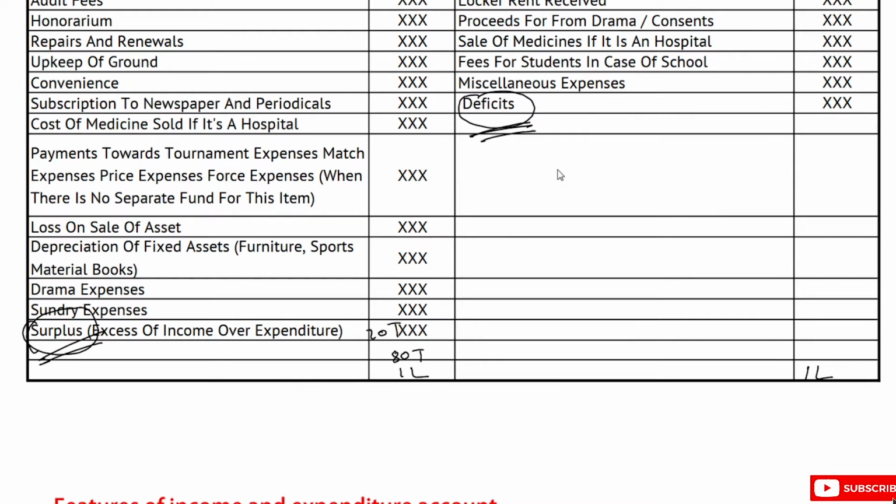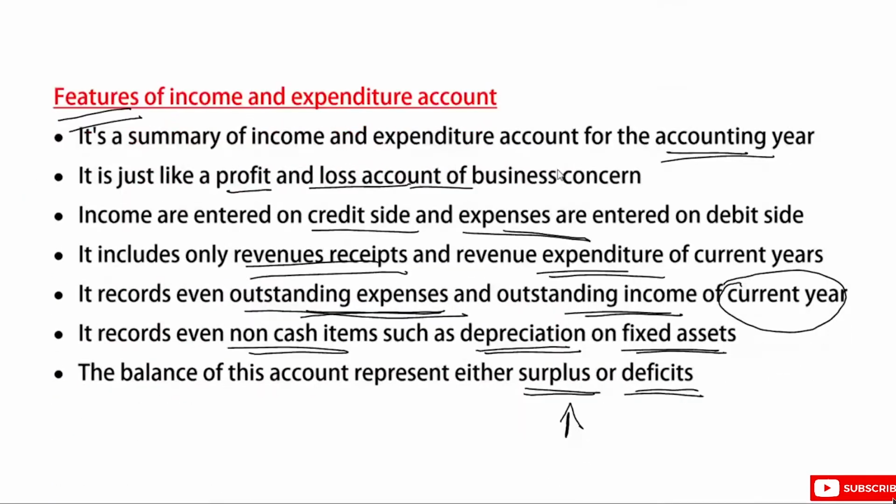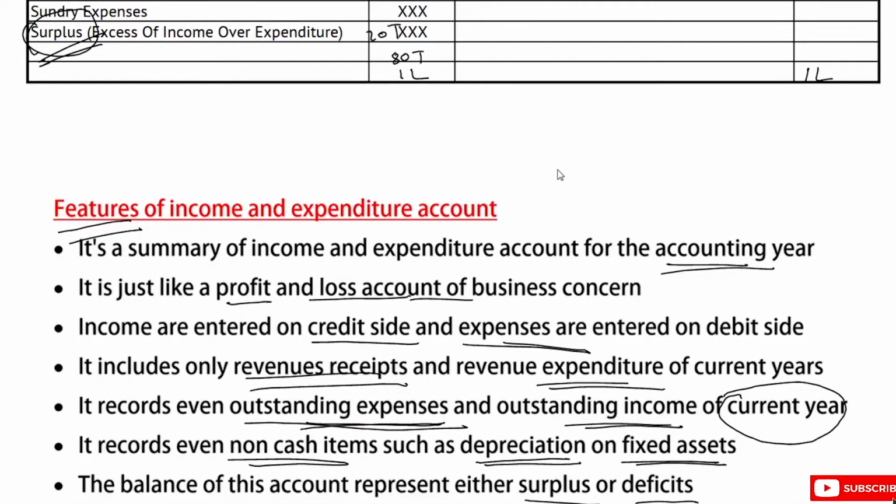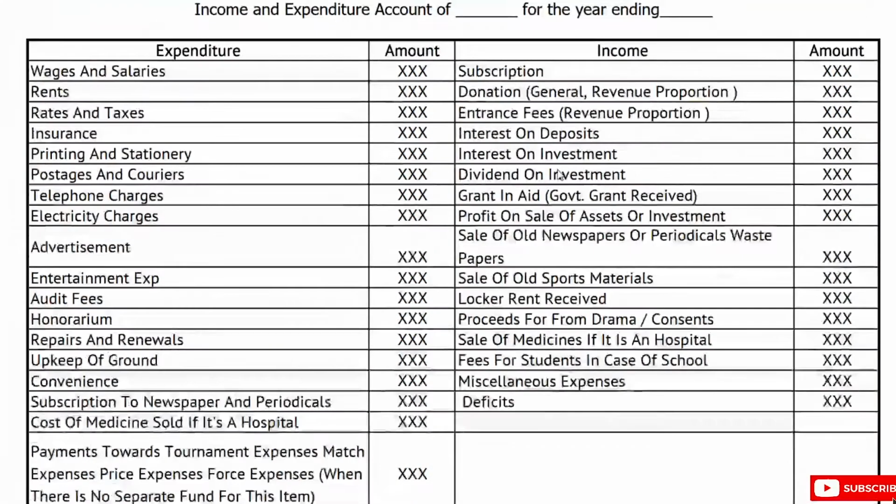If we move to the formats of income and expenditure account, you already have a basic idea right now because we already explained the meaning and features. By now you know the basic idea of how the format looks. Here you can see, starting with debit and credit, it always has the left side debit and the right side credit. So we denote it as debit and credit instead of left and right.